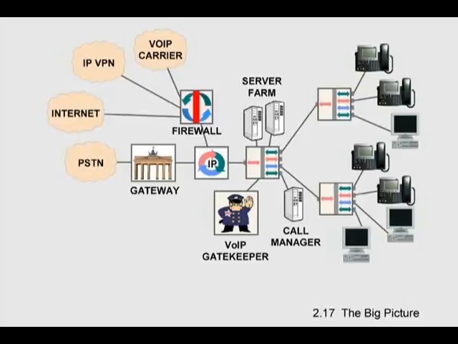that fun stuff. Then we connect that to a router, and the router is the device that connects the in-building communication system, this is the LAN, to external connections. If we're going to connect to the public telephone network, we need a gateway to do that. If we're going to connect to IP networks, we have to have a firewall in between us and them.